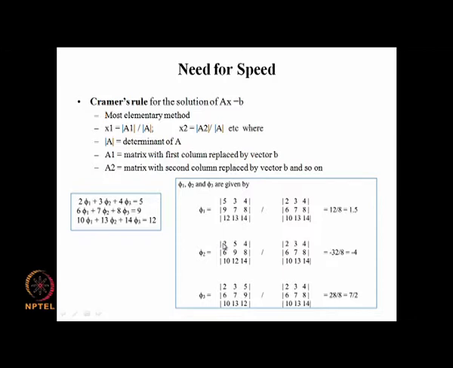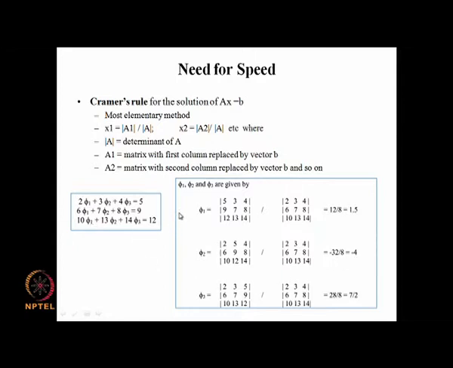So that is why we have 2, 6, 7, 4, 8, 14, these are unchanged, and this column here is replaced by the right hand side one, 5, 9, 12 here. Again you evaluate this determinant, and then by dividing by this you get minus 4.